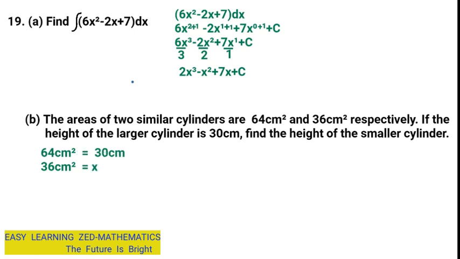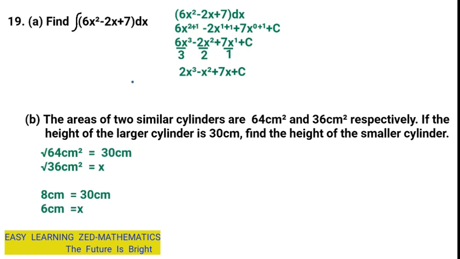Before we do anything, we are going to find the square root of 64 centimeter squared and 36 centimeter squared. The square root of 64 centimeter squared is 8 centimeter, which corresponds to 30 centimeter. Then the square root of 36 centimeter squared is 6 centimeter, which corresponds to x.